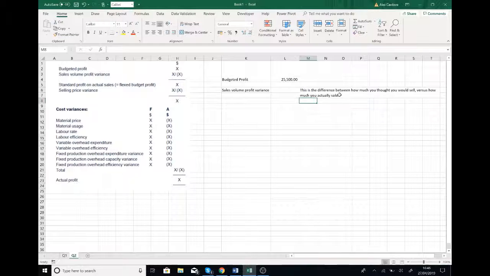That's the key thing with this variance. I'll just say whether it's favorable or not in here. Usually fav means favorable, ad means adverse. So your sales volume profit variance here is the difference between what you thought you would sell versus what you actually sold.